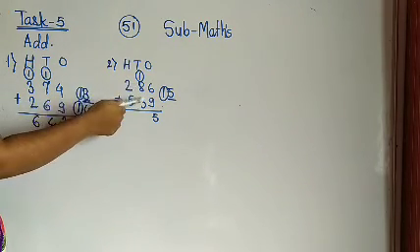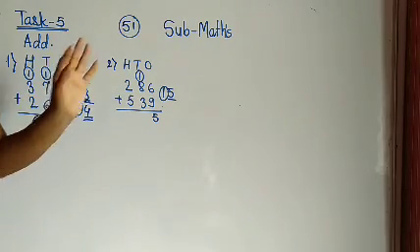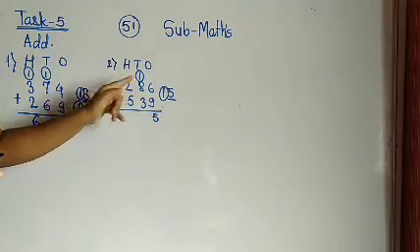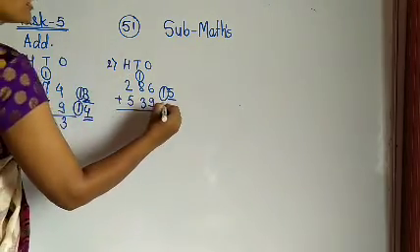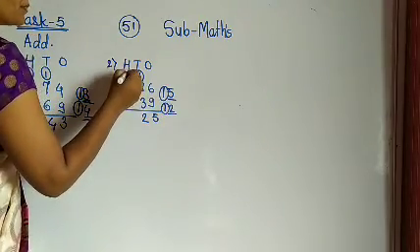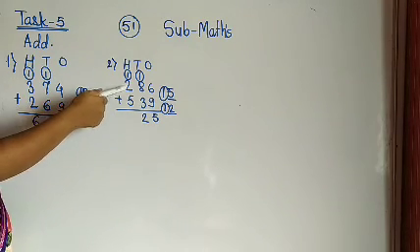Next one, 8 plus 3. After 8 count 3: 8, 9, 10, 11. And 11 plus 1, 12. So in 12 also 2 is downside and 1 will be carry forward. Next one, 2 plus 5.